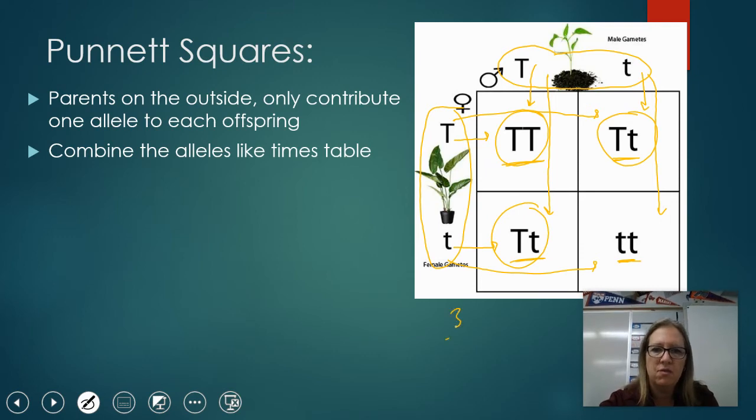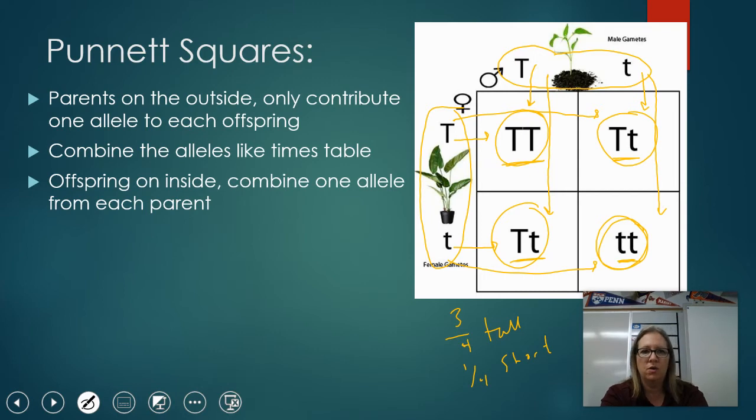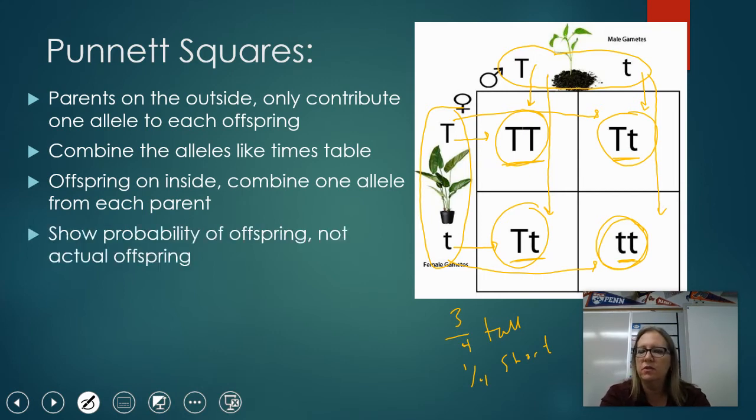So we would say 3 out of 4 are tall, which matches that screen that we just looked at, and we'll come back to that. 1 in 4 is short, okay? So you gotta keep in mind that this is only showing the probability of the offspring. This is not the actual offspring. We're not always just getting 4 plants as offspring.